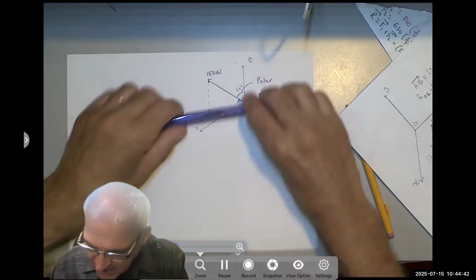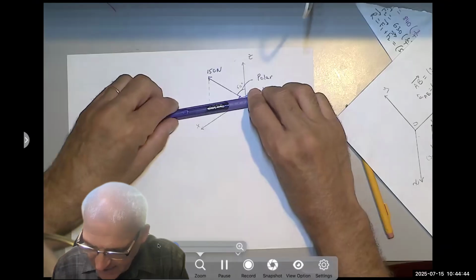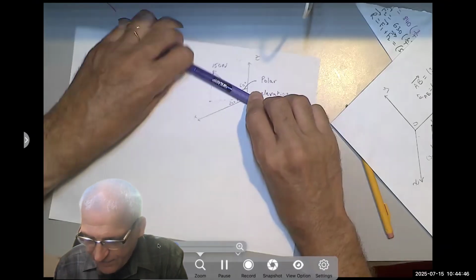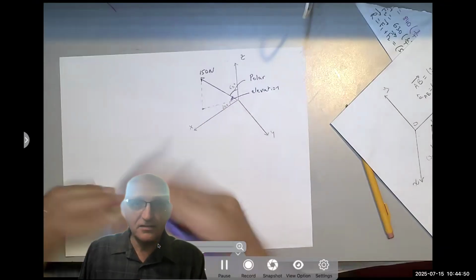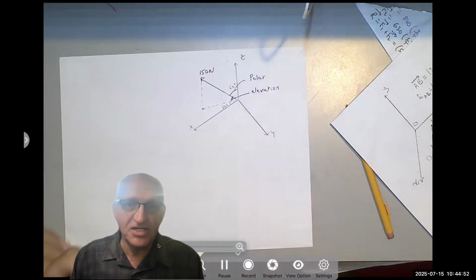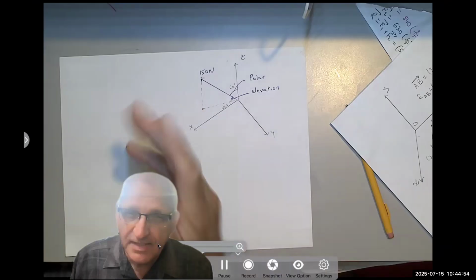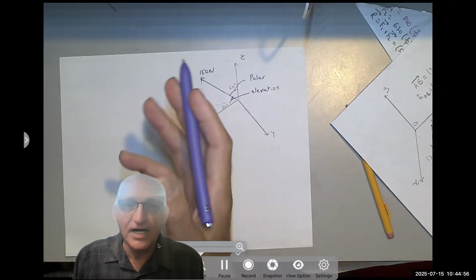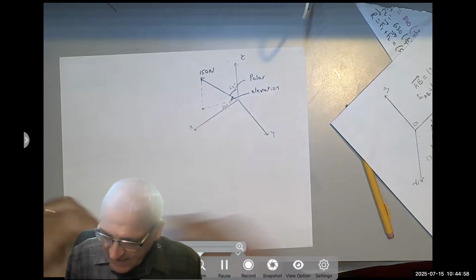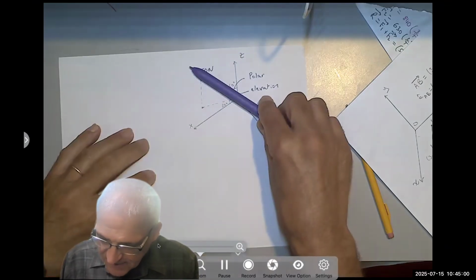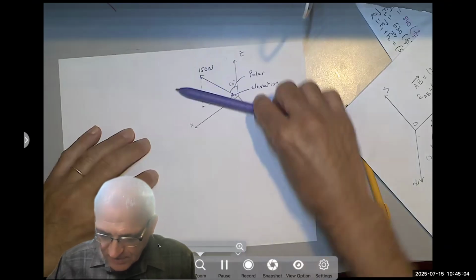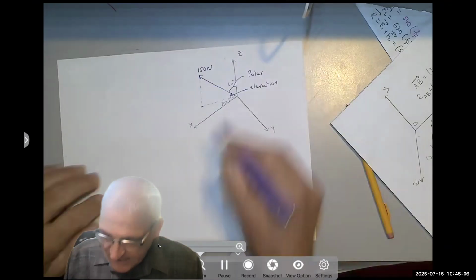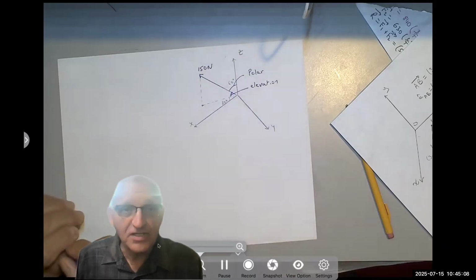Because I had a line in the XY plane and then I elevated it by 30 degrees to become that. So either the polar or the elevation, we can give you one of the two. It doesn't matter. You don't have to memorize. You have to think that I can project this into a vertical component and a component in the XY plane. And these two angles add up to 90 degrees.